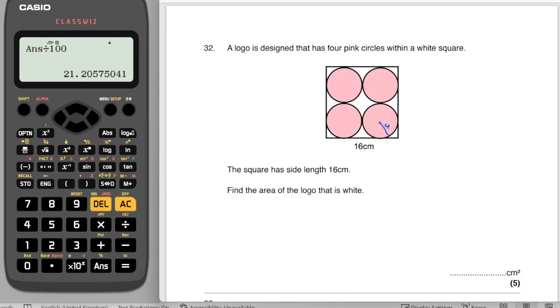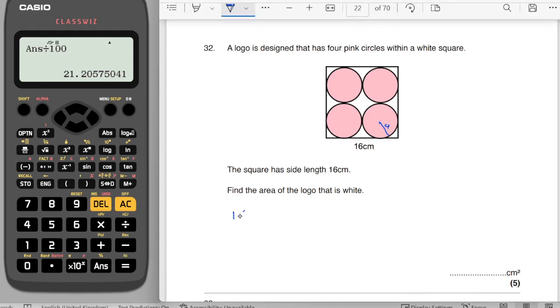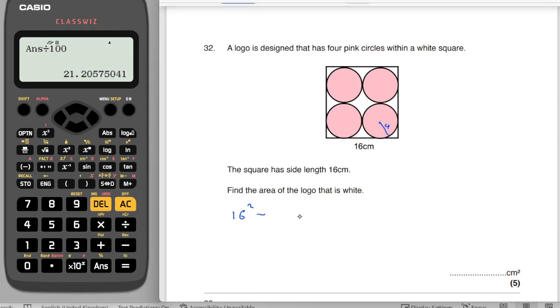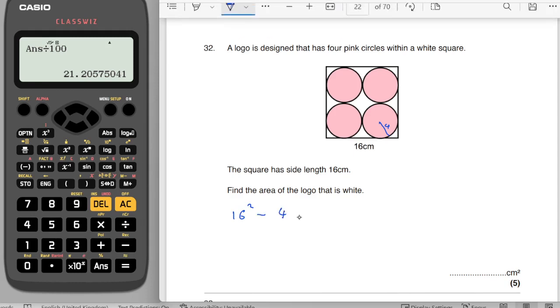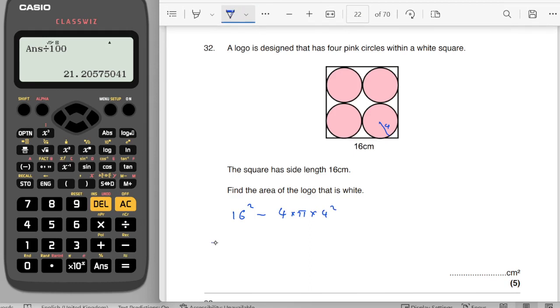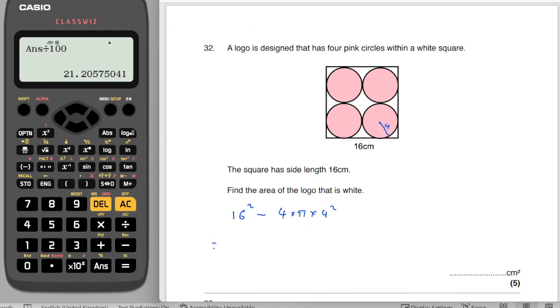So in effect, what we would need to do is 16 squared, the area of the total square, and from that I'd need to subtract 4 lots of the area of the circle. So 4 times pi times 4 squared. And I wouldn't really go any further than that. I'm just double checking in my head. So I'm going to say that that's going to be 16 squared minus 4 times pi times 4 squared.